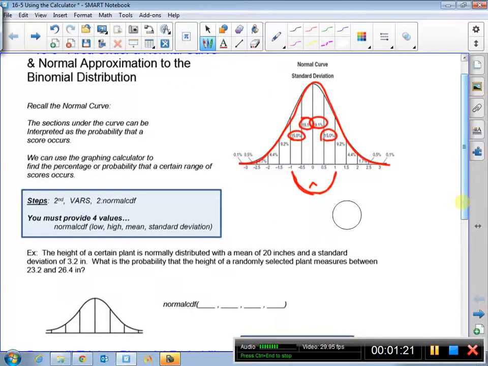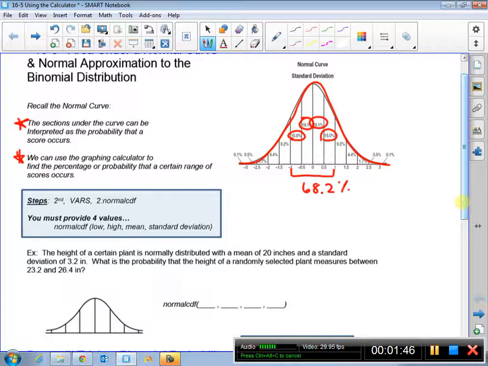So the calculator has a way, let me just do this for a second. There we go. So the sections under the curve can be interpreted as the probability that a score occurs within that region. We can also use our graphing calculator to find the percentage or the probability of a certain range of scores.